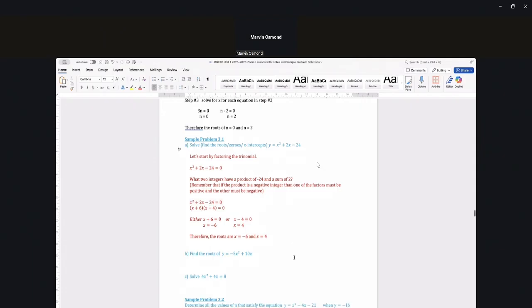So let's take a look at one that's slightly different now. Part B says find the roots of y equals negative 5x squared plus 10x.